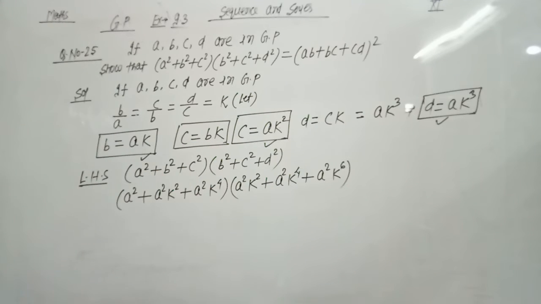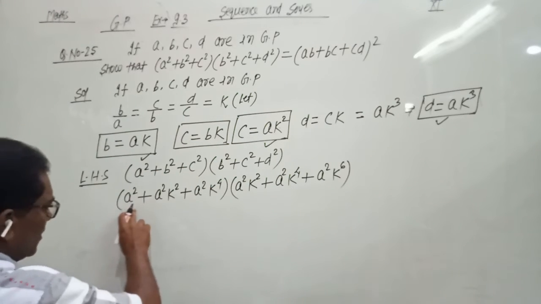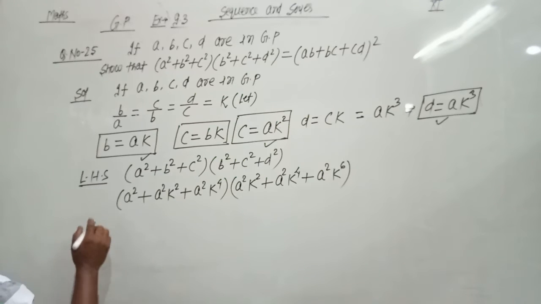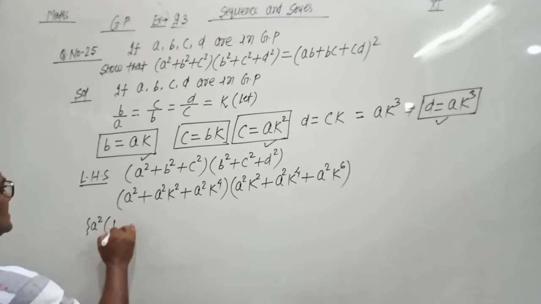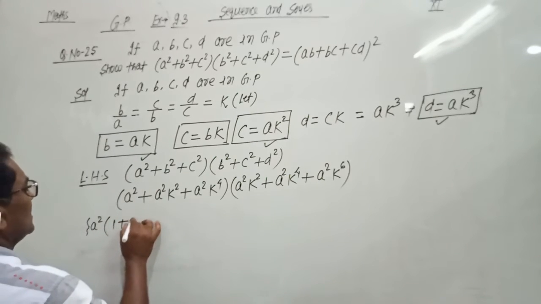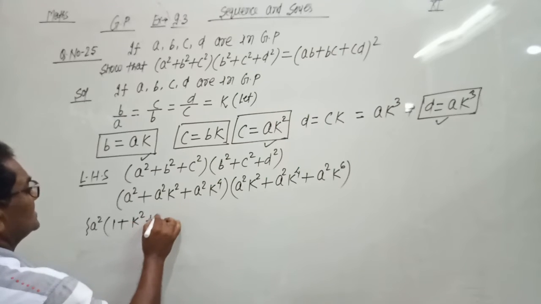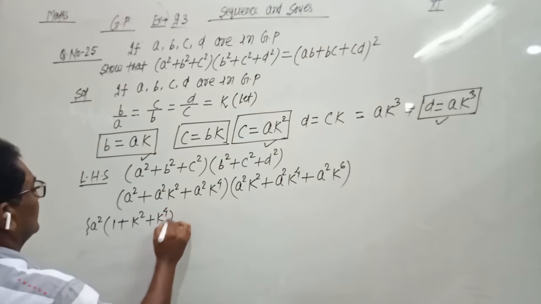This is the LHS. From the first bracket, A square is taken common, so we get 1 plus K square plus K raised to the power 4.